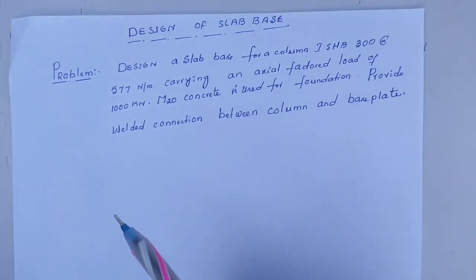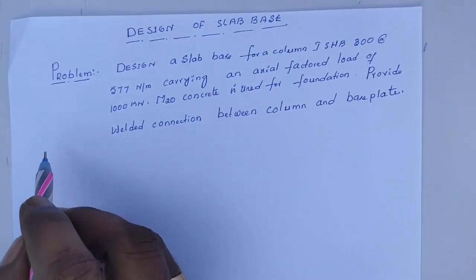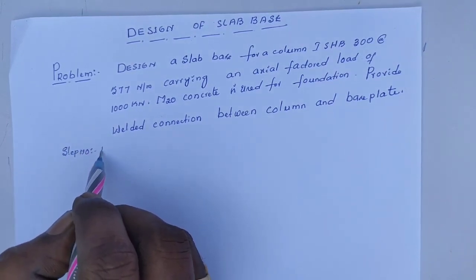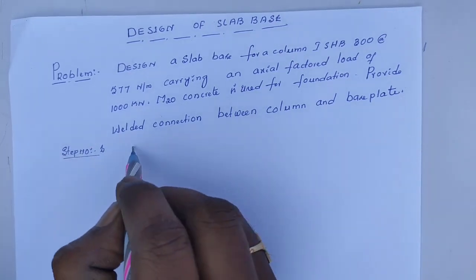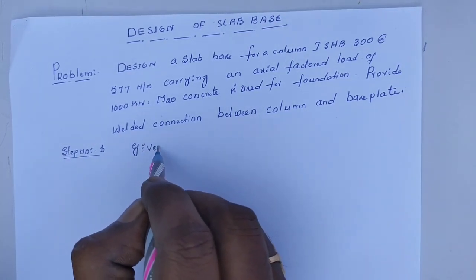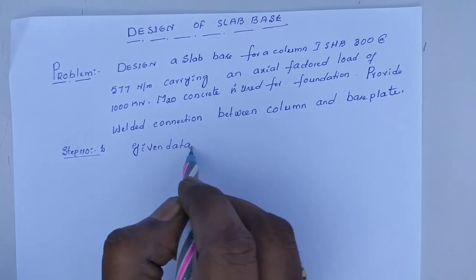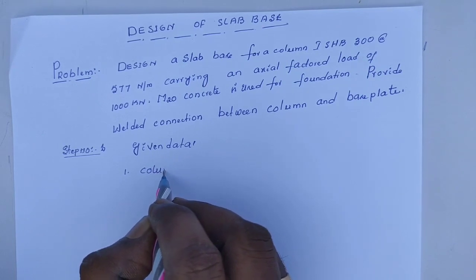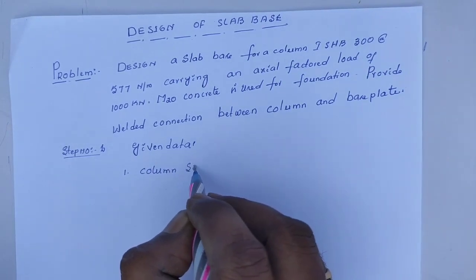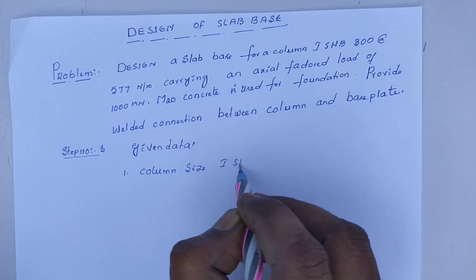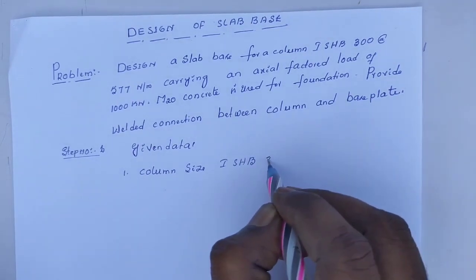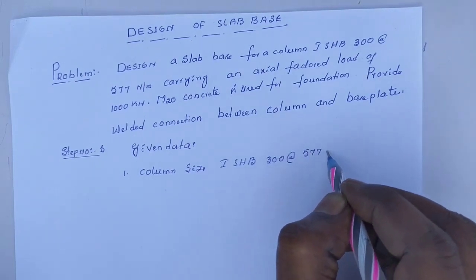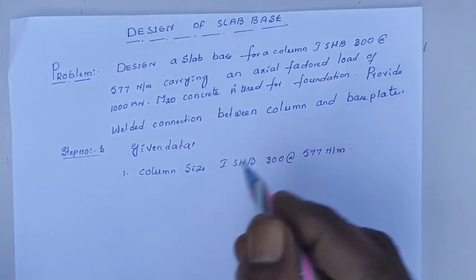To solve the problem, step number 1: given data. Column size is ISHB 300 at 577 Newton per meter.